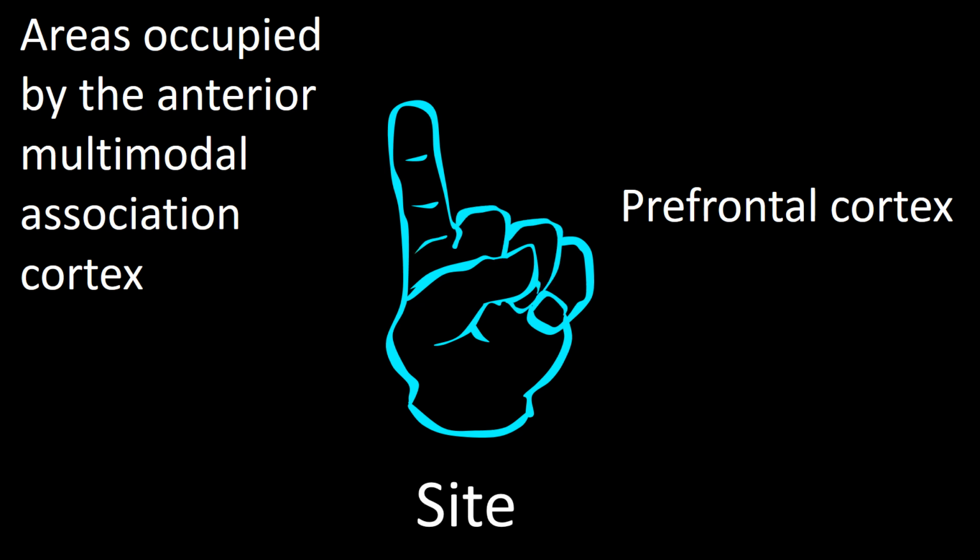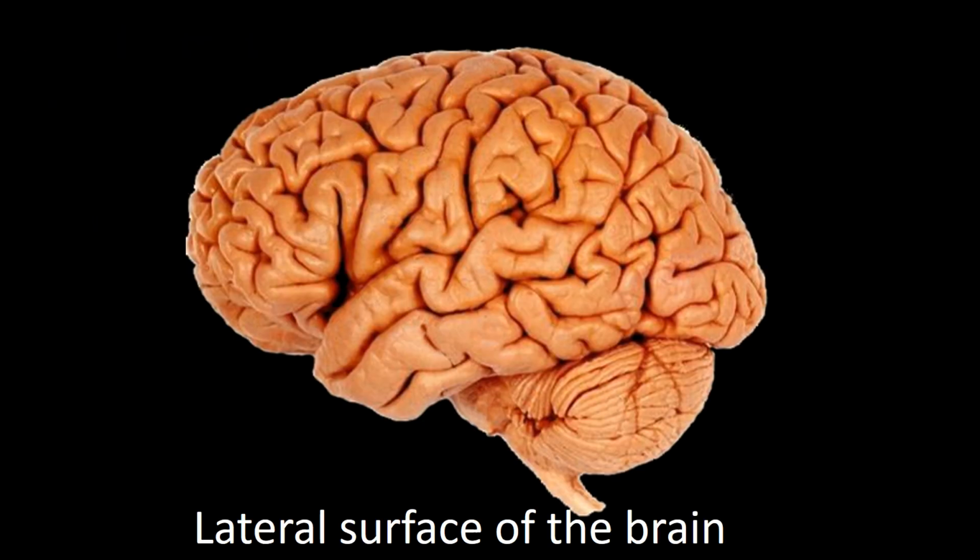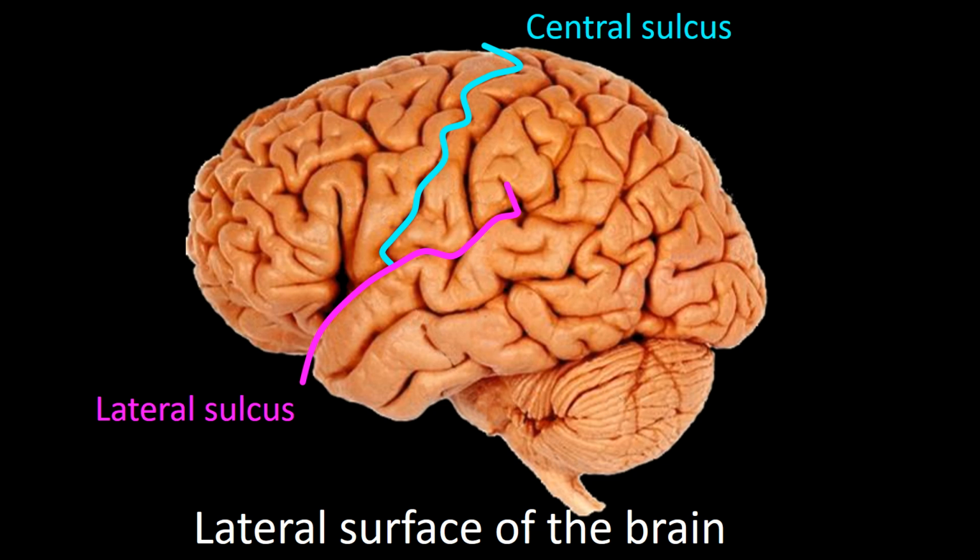The first of this area I will mention is the one found in the lateral surface of the brain. If we draw a line tracing the central sulcus and another one tracing the lateral sulcus, we find the frontal lobe anterior to the central sulcus and above the lateral sulcus. Just anterior to the central sulcus, we find the primary motor cortex.